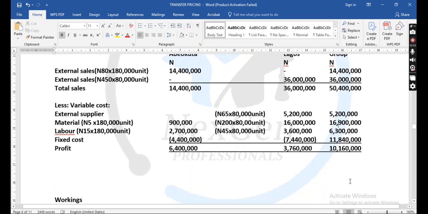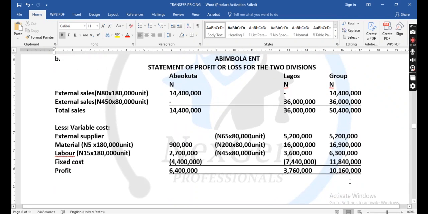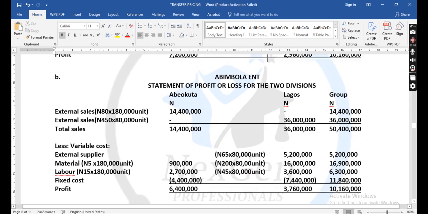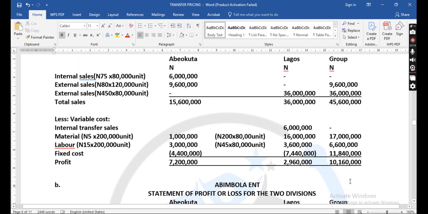So if Lagos buys outside, the profit will be 3,760,000. And if they did not buy outside, the profit will be 2,960,000. Now if Abeokuta makes sales to Lagos, the profit will be 7,200,000.